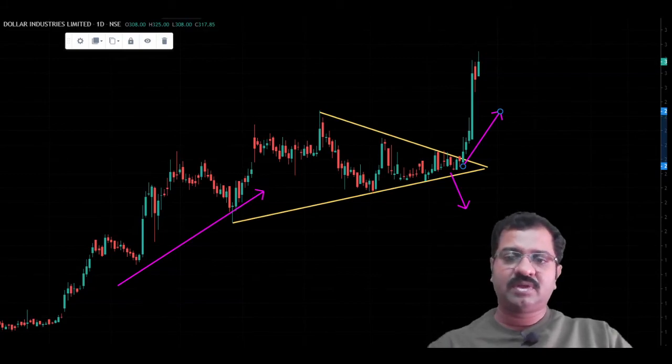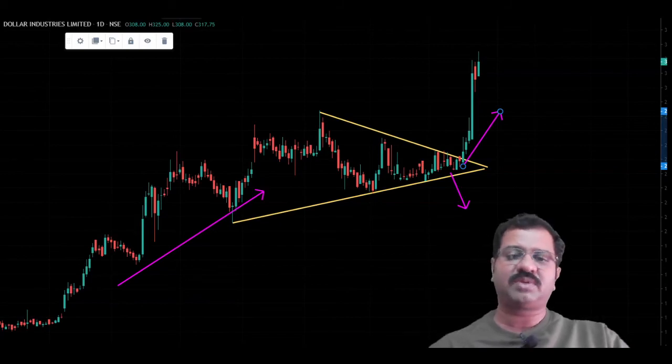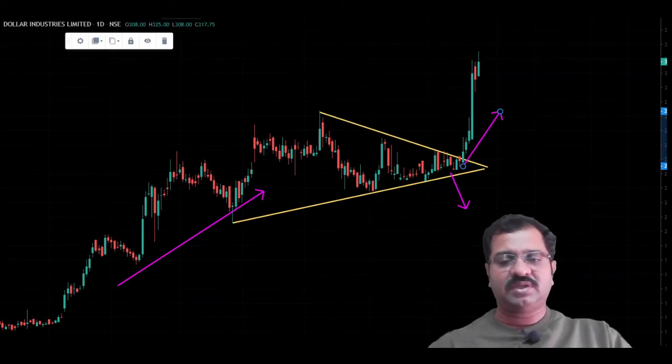In case of low probability trades, your risk will be less, reward will be high, but the probability of that trade being successful is very less. Only 20%, 30% of the time that setup will be successful. When it is successful, it will give you good profit, but 70-75% of the time it will fail.